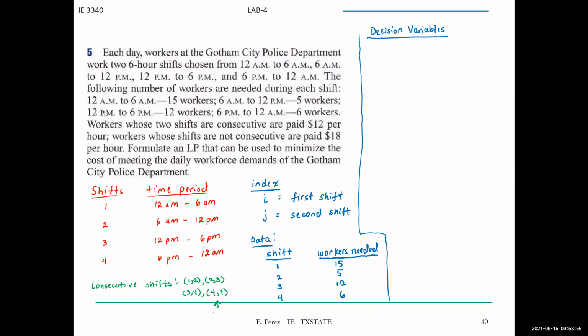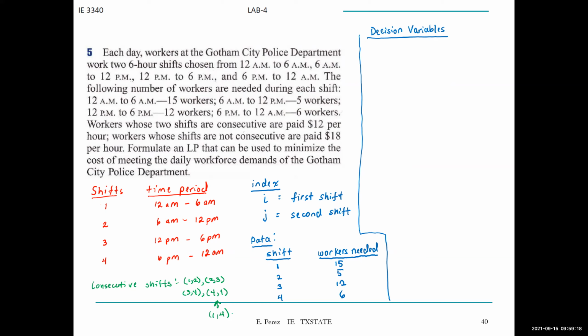This could also be 1, 4; it's the same thing. After that, you go back to 1, 2, 2, 3. So all possible combinations for consecutive shifts are 1, 2, 2, 3, 3, 4, and 1, 4. That's all you can do with these 4 shifts.